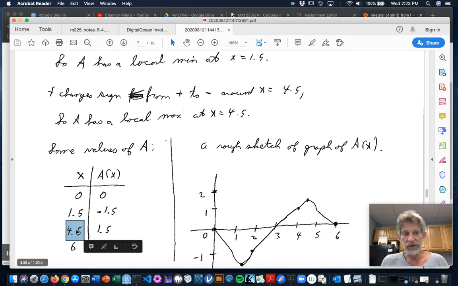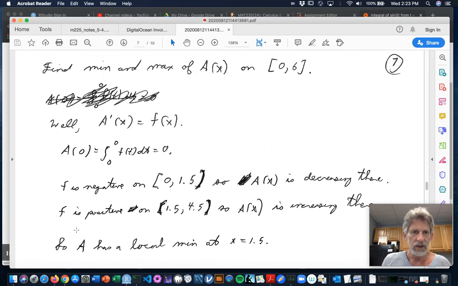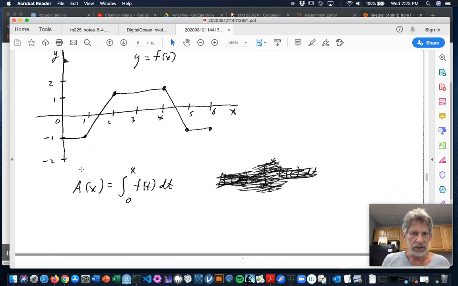How about when x is, say, 4.5? Well, let's see. Area under the curve all the way up to 4.5. So I'll get this trapezoid here that's a minus 1.5. I get another trapezoid that goes right here that's exactly the same area of 1.5.